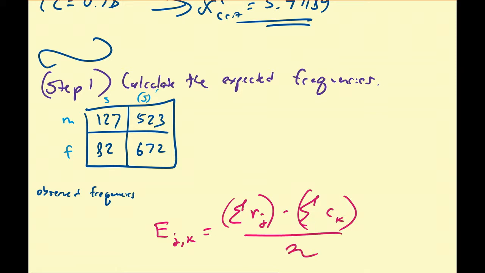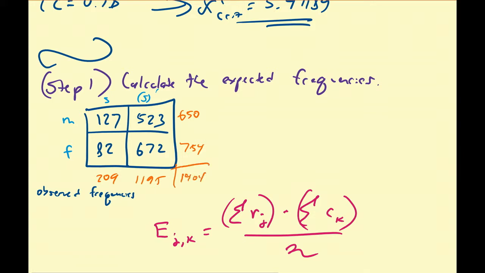Recall that we had 650 males surveyed, and 754 females surveyed. We had 209 people that smoke, and 1,195 people that didn't smoke, with a grand total of 1,404 people surveyed.